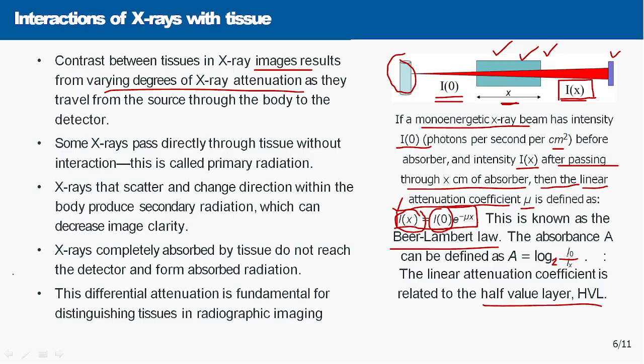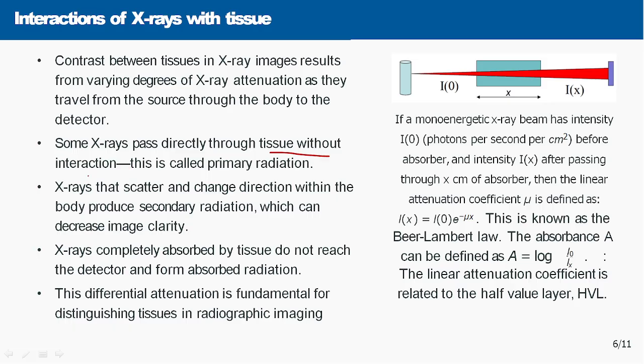Some X-rays pass directly through the tissue without interaction. This is called primary radiation. X-rays that scatter and change direction within the body produce secondary radiation, which can decrease the image clarity.